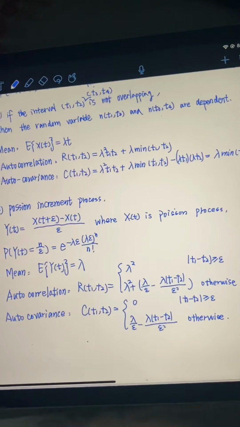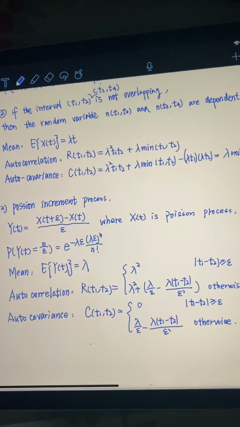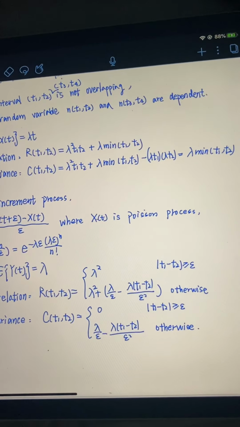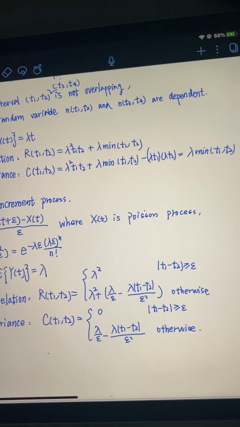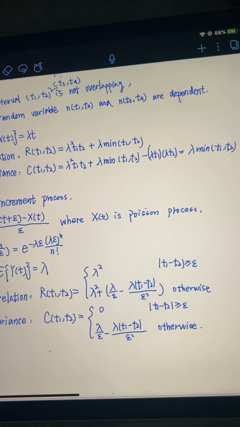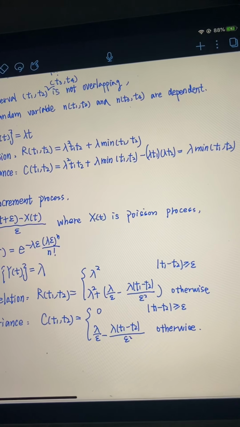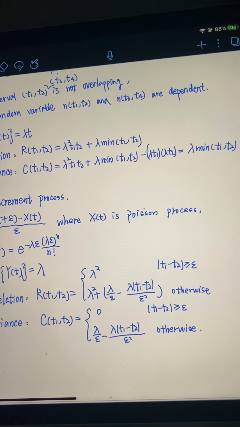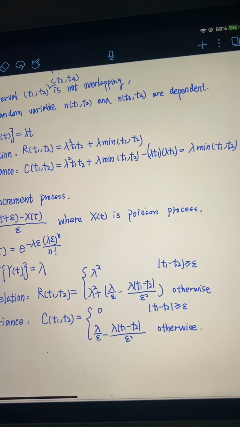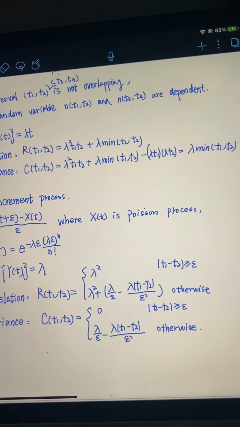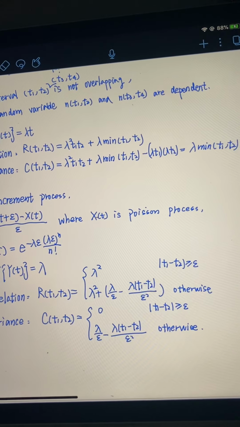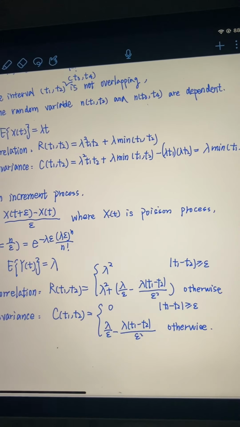As for the autocorrelation and autocovariance, R(t1, t2) equals lambda squared when the absolute value of t1 minus t2 is more than epsilon. Otherwise, it equals lambda squared plus lambda divided by epsilon minus lambda times |t1 minus t2| divided by epsilon squared.